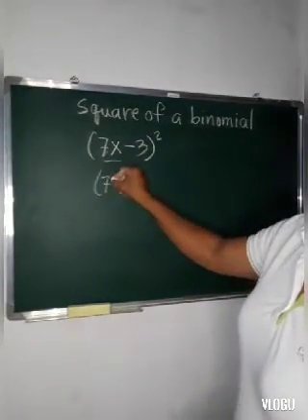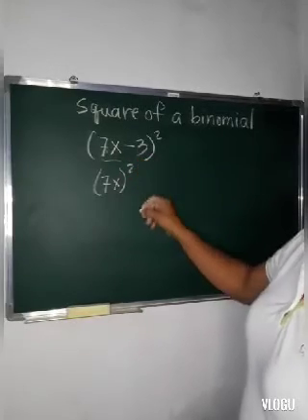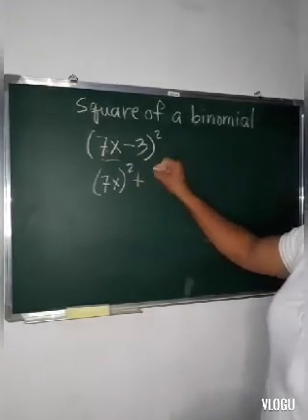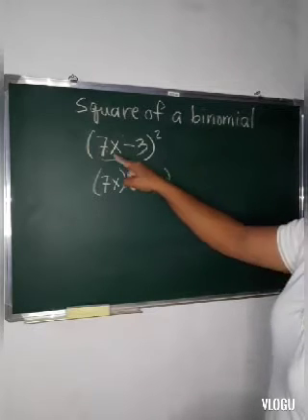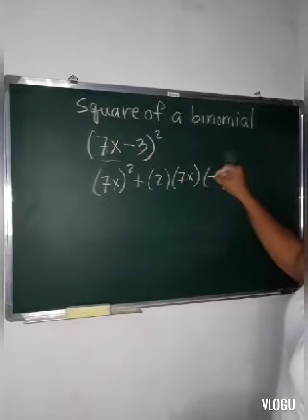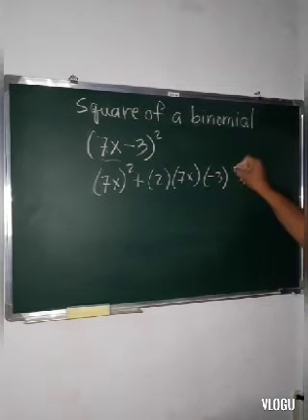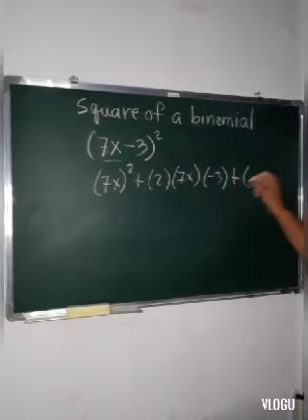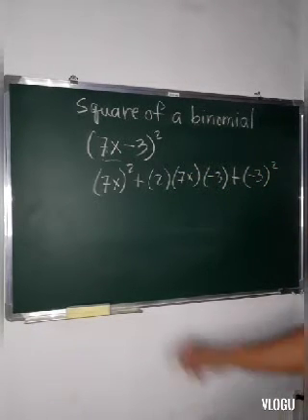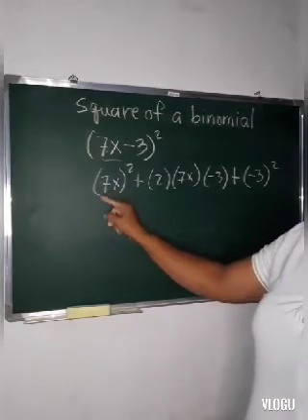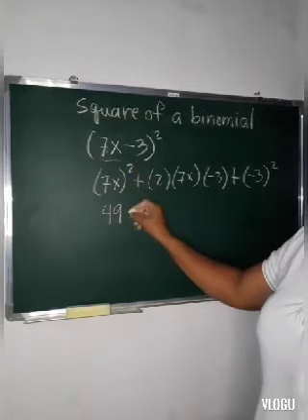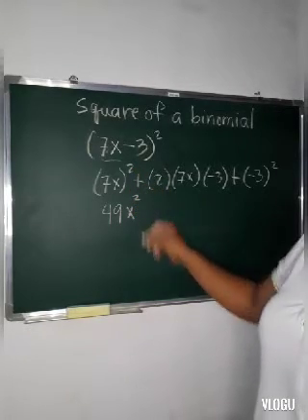We have 7x squared plus twice the product of the first term and the second term plus square the last term, negative 3 squared. Okay, 7 squared, we have 49. X squared is x squared.